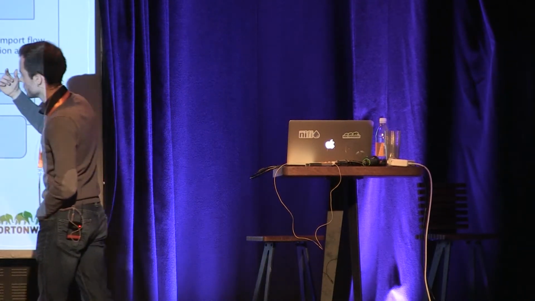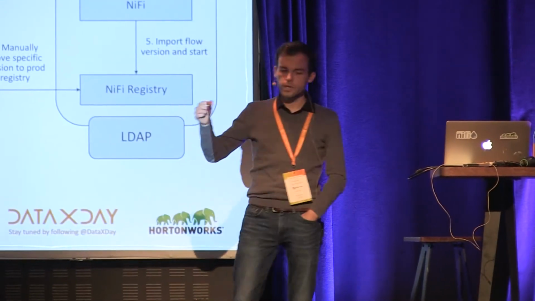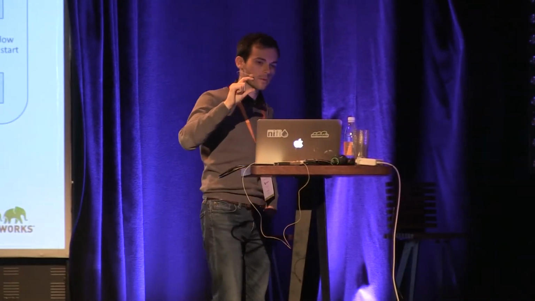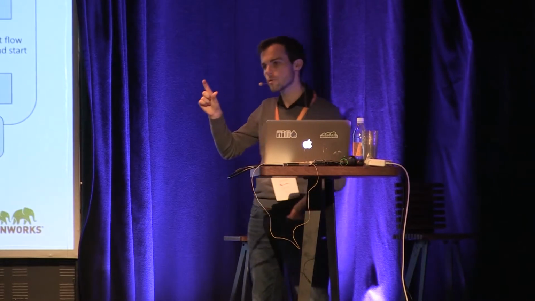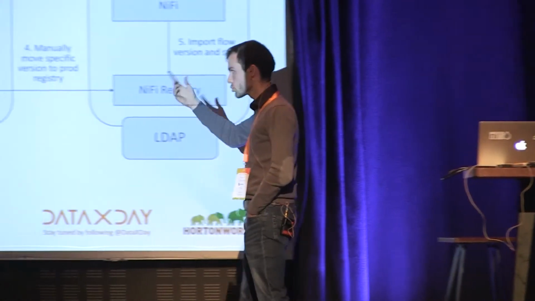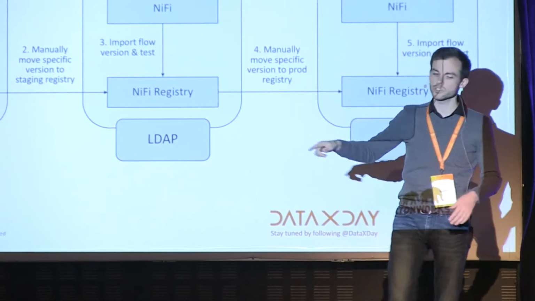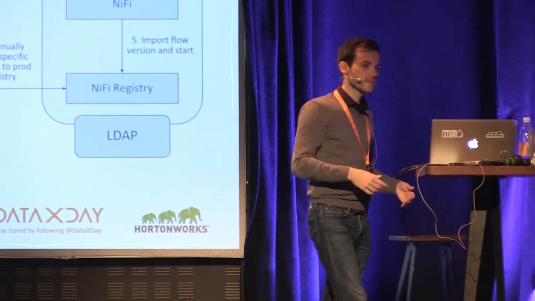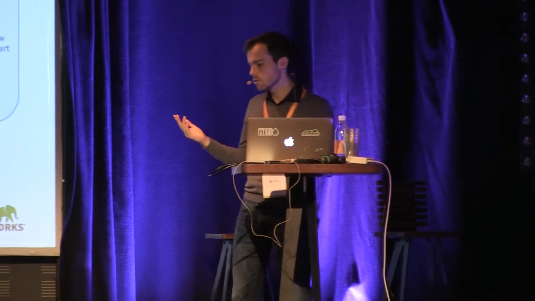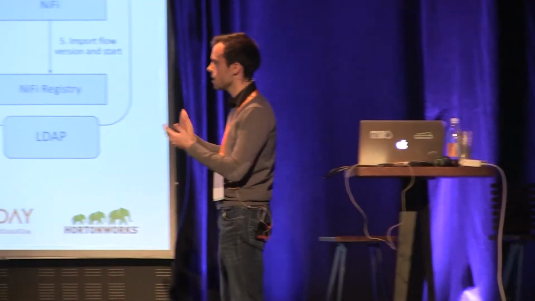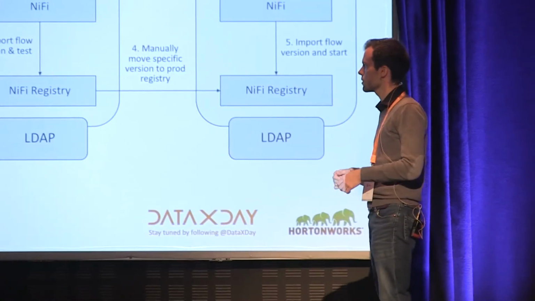In the next version of NiFi registry, we provide some kind of hook parameters to trigger actions as soon as a new version is committed into the NiFi registry. The idea is, you have your developer, he commits a new version into the NiFi registry.